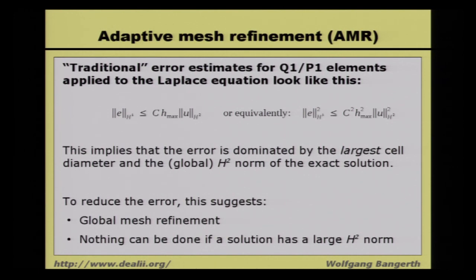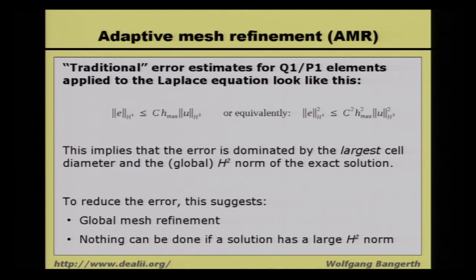Because I will want to use this in the next slide, one of the equivalent formulations is to square both sides. So the square of the error in the H1 norm is less than or equal to this constant squared times h squared times the squared norm of the solution.